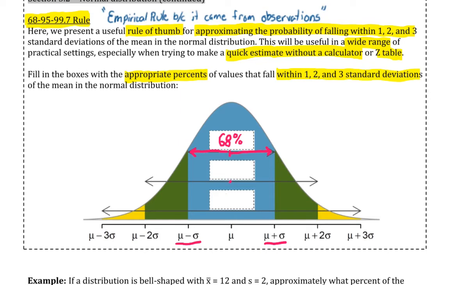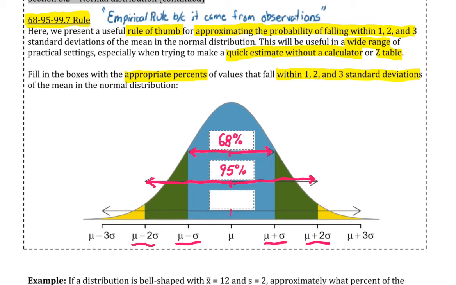Similarly, if you're starting at your mean and you were to go up 2 standard deviations, so mu plus 2 sigma, or down 2 standard deviations, mu minus 2 sigma, then this is where we should expect to find approximately 95% of our data.